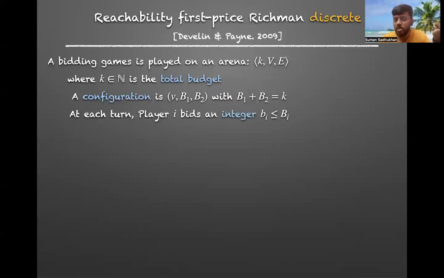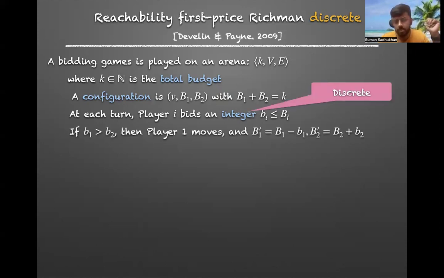At each turn, player i bids an integer, which is within his or her budget. And if B1 is greater than B2, then player 1 moves, otherwise player 2 moves. I did not explicitly mention that in continuous bidding, we don't consider tie breaking.